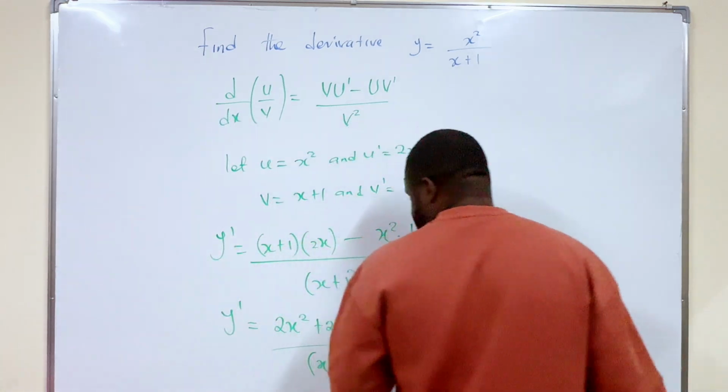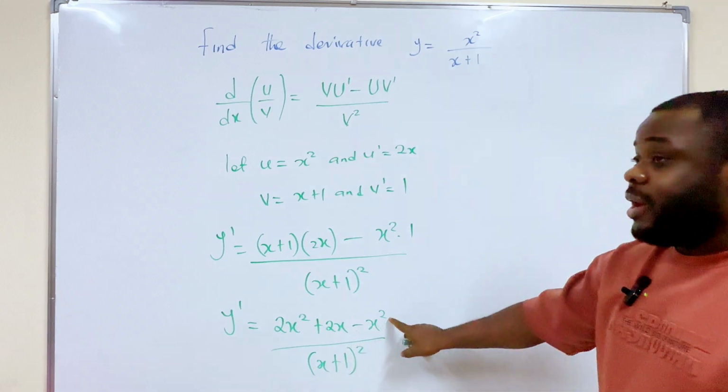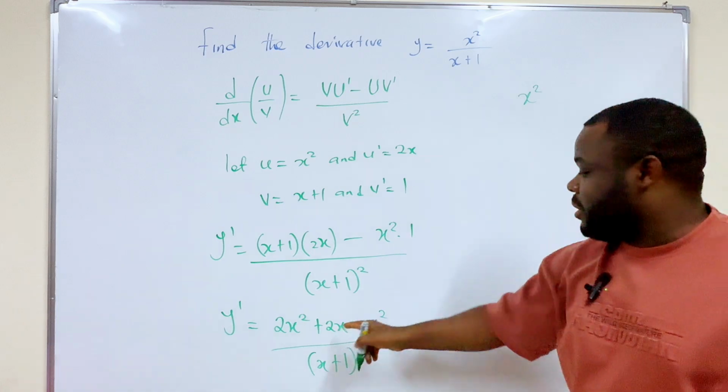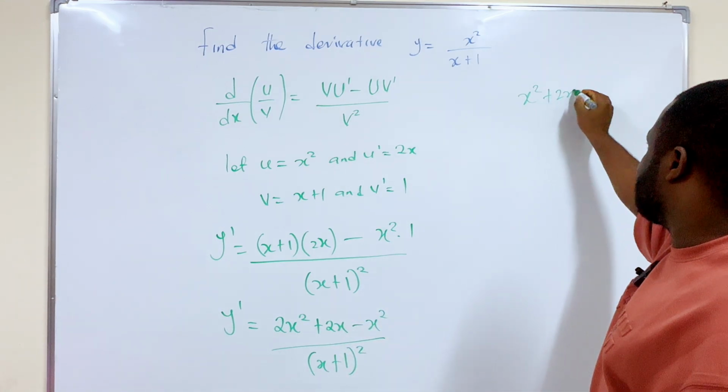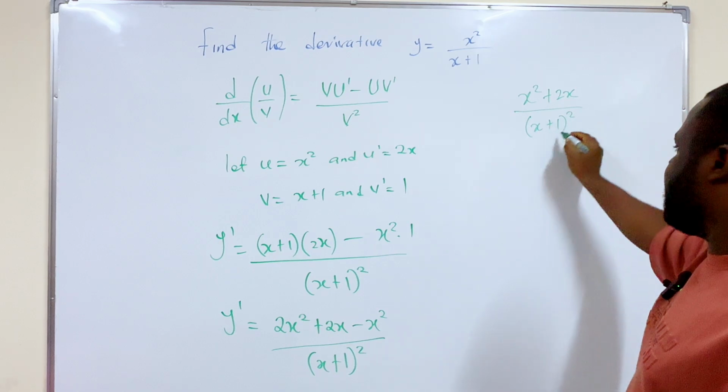We can still simplify this further because we have 2x squared minus x squared. So you will have x squared plus 2x over the denominator, which is x plus 1 squared.